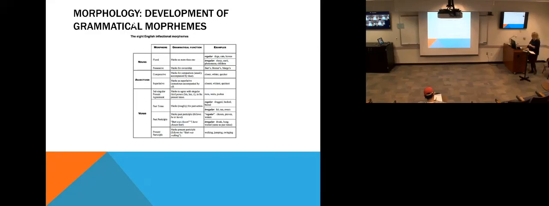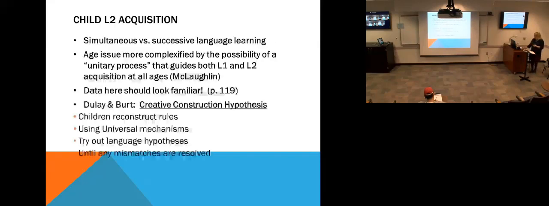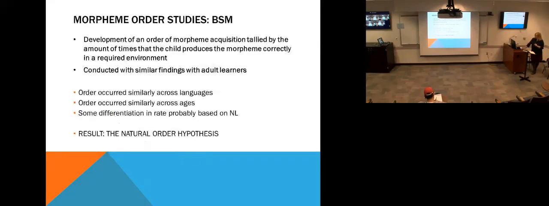So what did they find? They found that an order occurred similarly across languages, and you can see that on the next page on 123. So they tested Chinese kids and Spanish kids, and they found that they did roughly the same thing in the same order at the same rate, right?